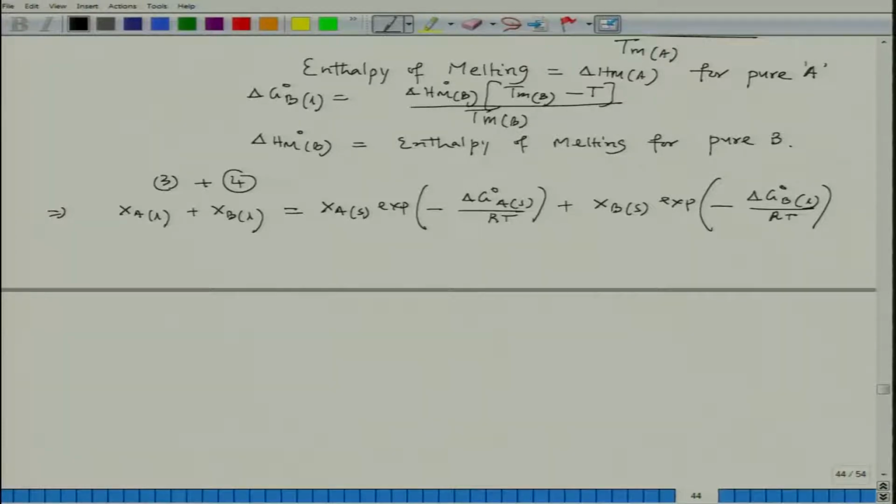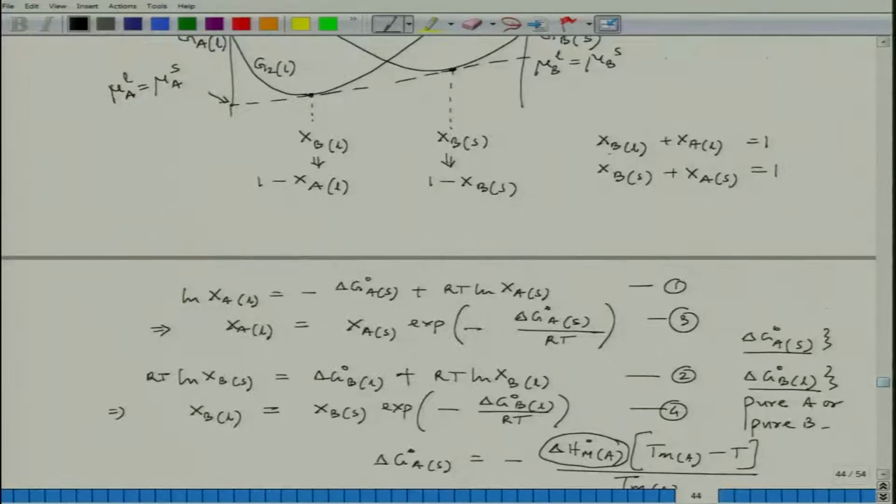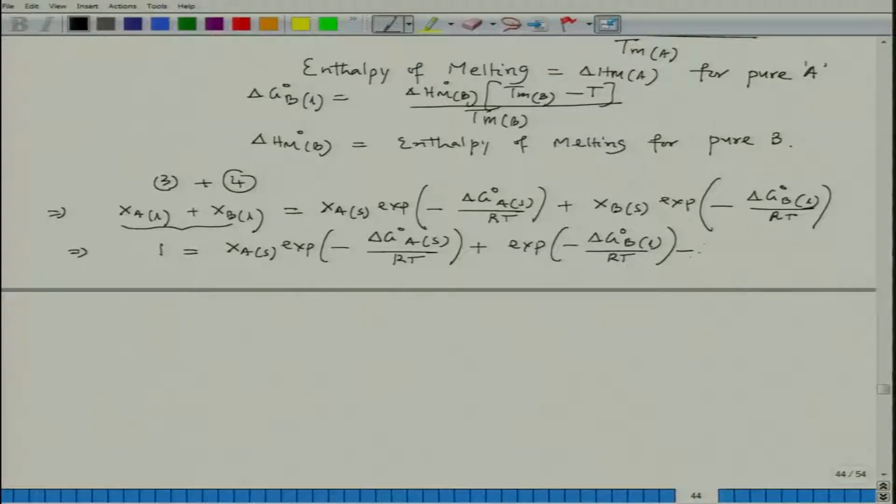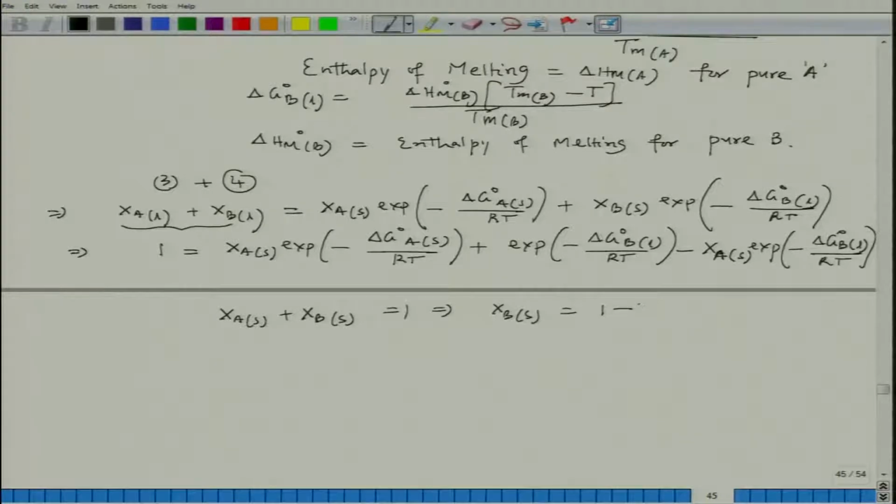Now from this particular expression, this term leads to 1 equal to XAS exponential minus delta G0 AS by RT plus exponential minus delta G0 B liquid by RT minus XAS exponential minus delta G0 BL by RT, because XAS plus XBS equal to 1, that indicates XBS equal to 1 minus XAS.